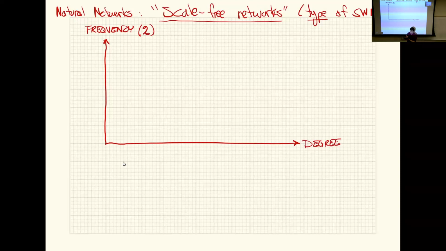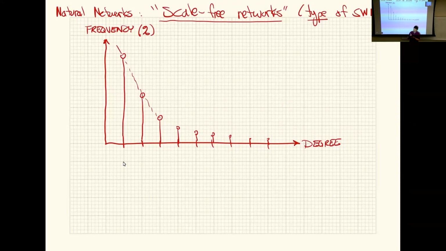These distributions tend to have a particular skew to them that looks a little bit like this. And these are called power law distributions.